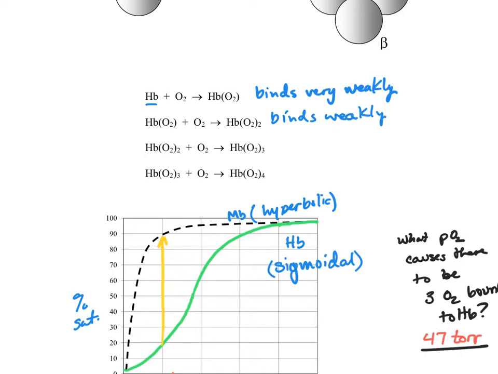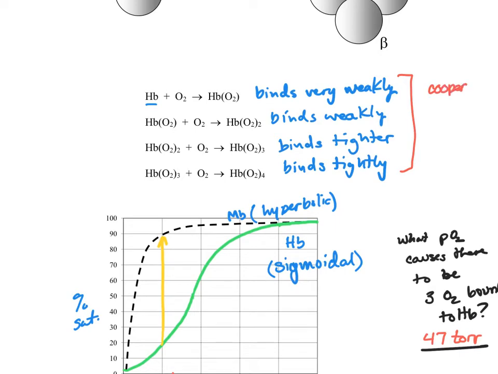Those two help a third one bind, so maybe we would now say it binds tighter, the third one. And then the fourth one binds tightly. This progression from weaker to tighter is called cooperative binding.